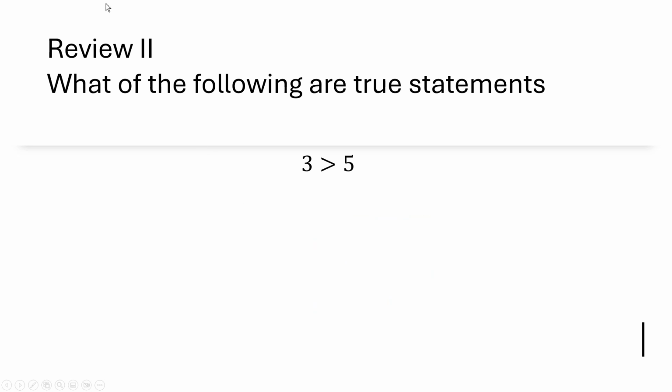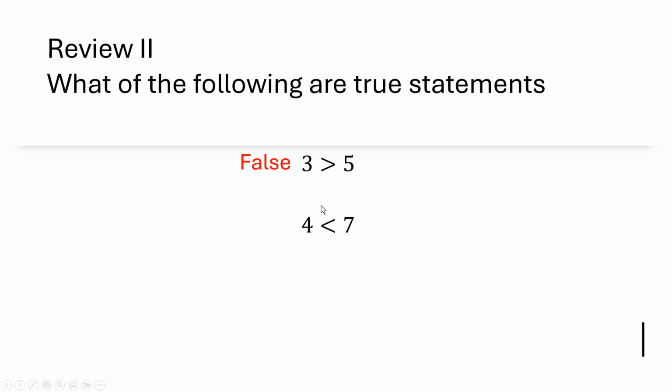Okay. Review 2. Which of the following are true statements? Is 3 strictly greater than 5? Well, you should be saying that's not true, so that's false. What about 4 is strictly less than 7?